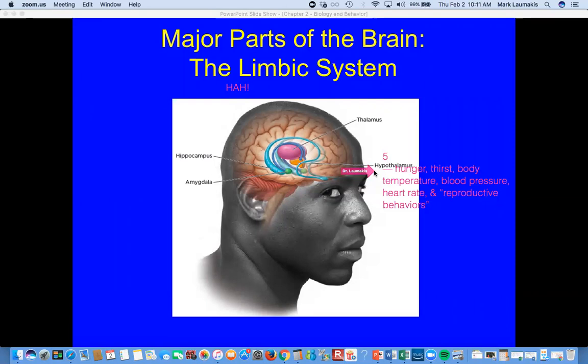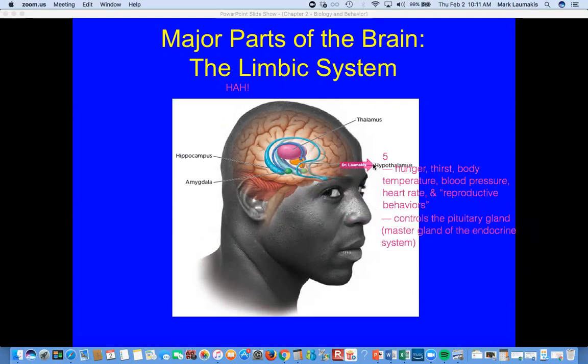In addition to that, if that's not enough, and now I just realized I forgot to say this to the 8 o'clock section, it is also in control of the pituitary gland, which is itself the master gland of the endocrine system. So this is crazy, right? We've got something that's in charge of the endocrine system, which is basically your hormonal system, and it has something in charge of it.